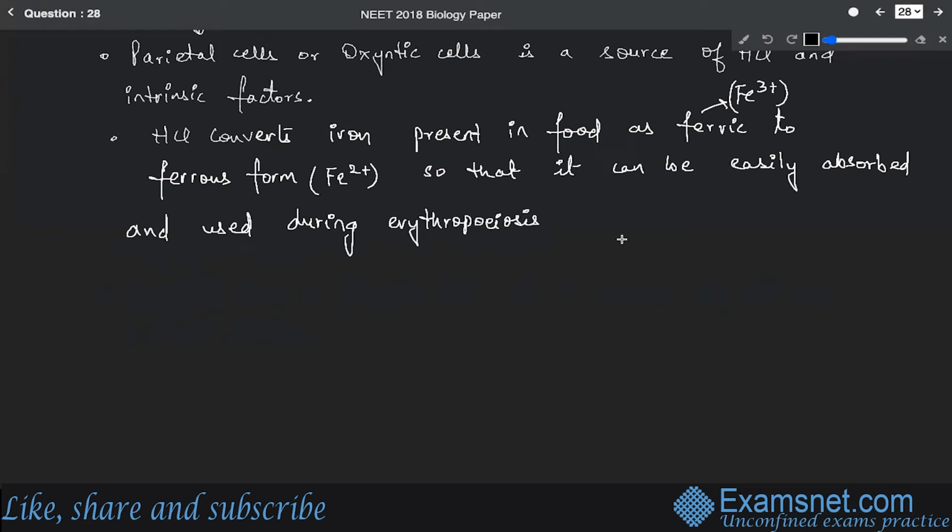While this intrinsic factors, they are also responsible for absorption of the vitamin B12. So this is about the HCl.